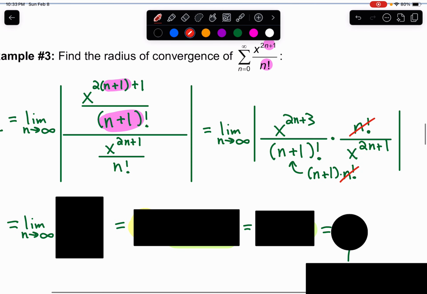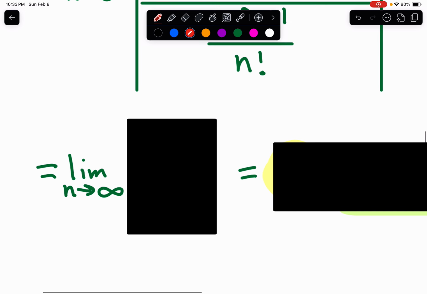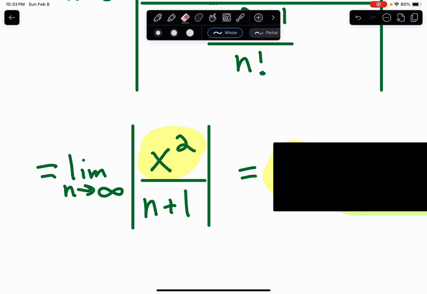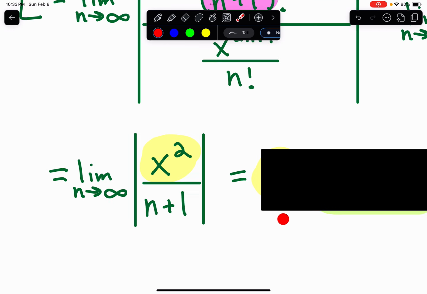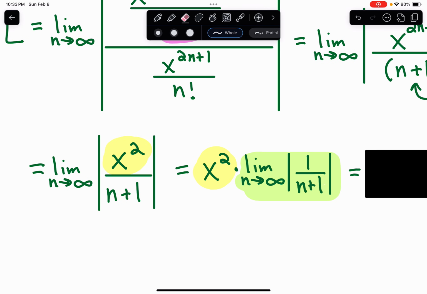And then I can subtract the exponents on those x terms. And so limit as n approaches infinity of x squared over n plus 1. After subtracting those exponents, again, I'm highlighting the x squared here because it does not have an n, so I can bring that outside my limit. And so I get x squared times limit as n approaches infinity of 1 over n plus 1.